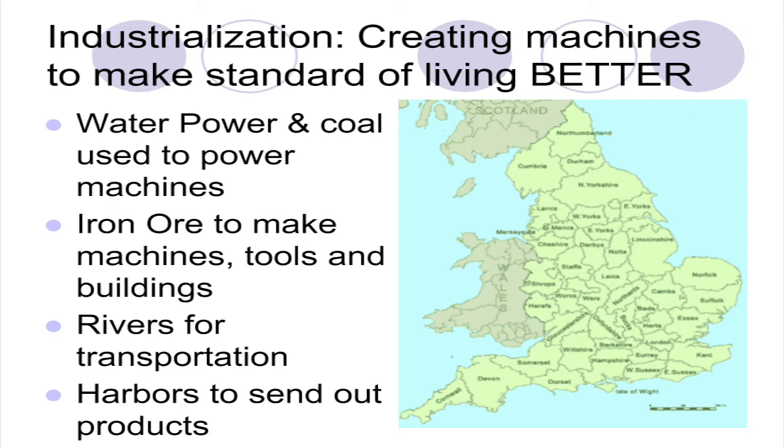And then you also get things like steamboats that are being created to be able to go onto rivers much more easily. Even canals are being built during this time, and a harbor would be like a port city, a place where the boats would come in, they would get the products, and then they would take off and go to other countries to sell them.